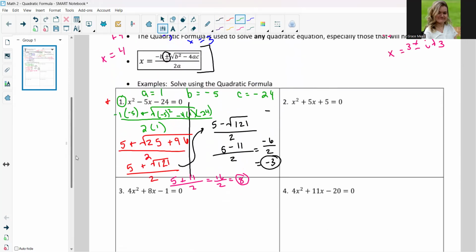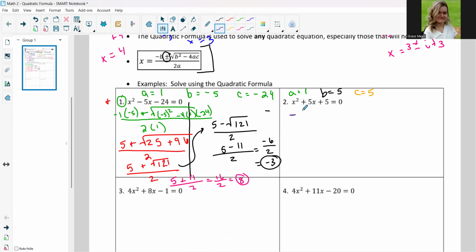All right, let's keep going through these examples. Here, again, I'm going to label A as being 1, B as being positive 5, and C is going to be positive 5 as well. Then we're going to plug it in. I'm going to do it just the first time once, and then I'll split it up when I get to the plus or minus just to save a little room.